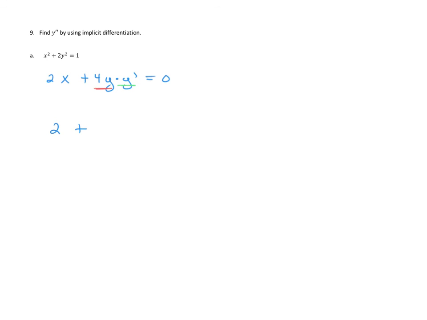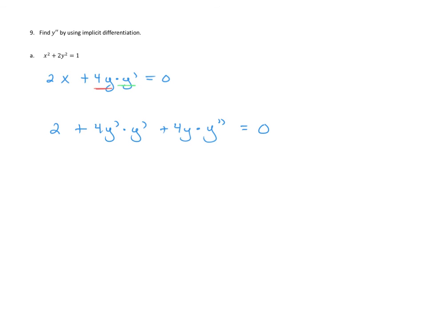Product rule says that I need the derivative of 4y. The derivative of 4y is 4y prime, and I copy down the y prime. Okay, then I add on 4y and multiply by the derivative of y prime, and that's what we call y double prime. And that still is equal to 0.